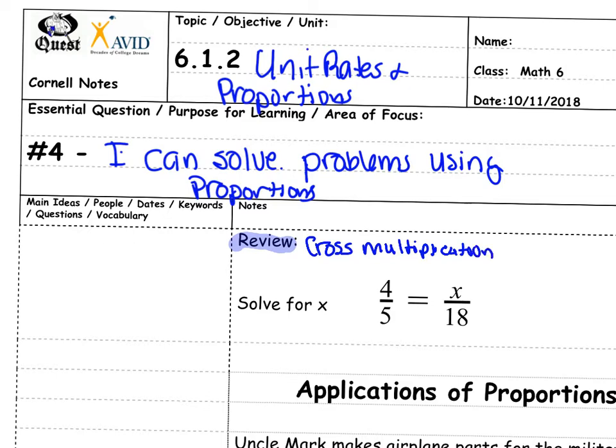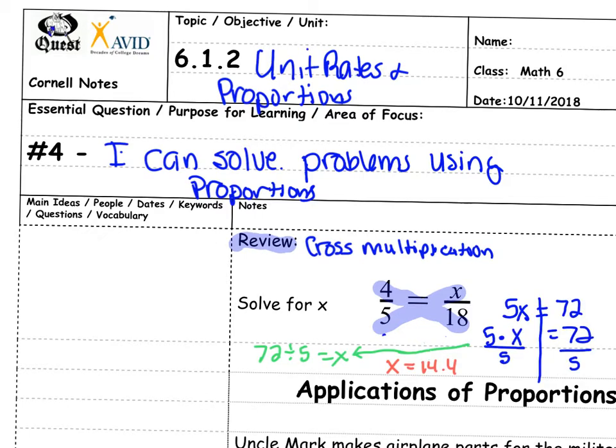So I'm hoping that you can do this problem using 4 times 18 and then 5 times x and then solving. And the reason I want to do it this way is because to go from 5 to 18, there isn't a real good number that stands out that we can multiply by. So I want us to use cross multiplication. Again, solve and then come back and check to see how you did.